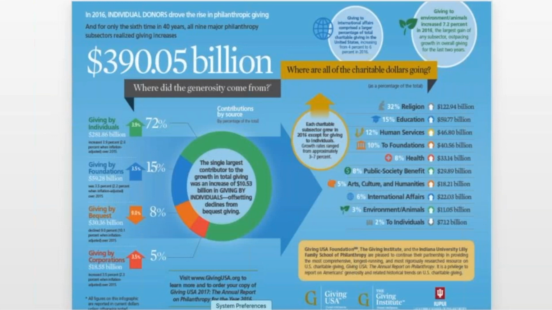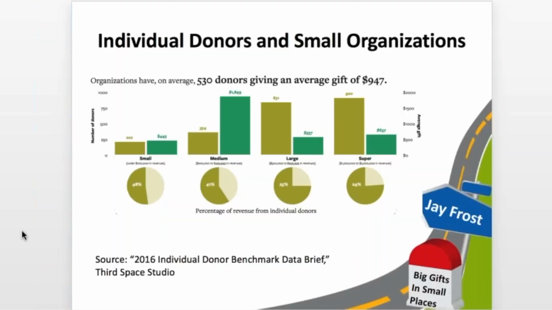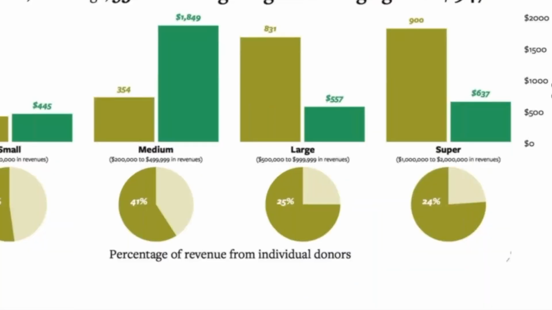Okay. Now I'm going to switch to the next slide. So all of you have your antenna up. Let me know if this does not work. Okay. Do you see the next slide? I do not. Something changed. Wow. There it goes. Yep. So okay. I see an individual donors and small organization slide. There it is. Yep. All right. So we'll just work it this way. And if it's hard to see or anything, just let me know, and I'll do my best to try and improve on that.